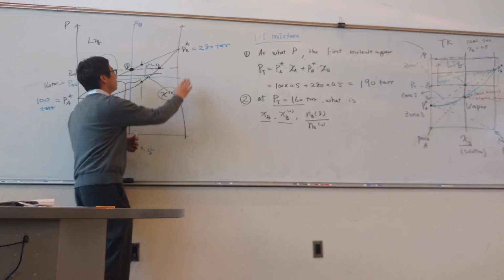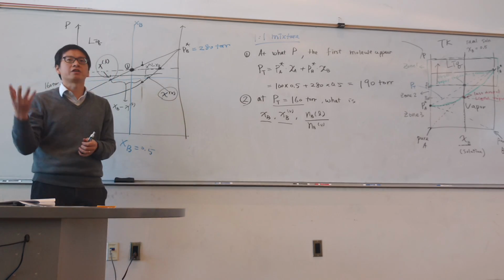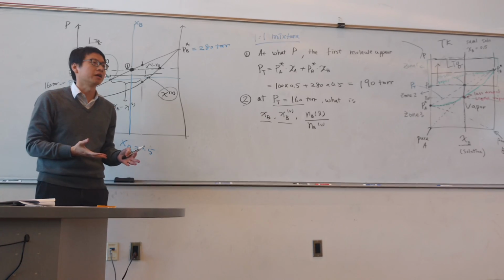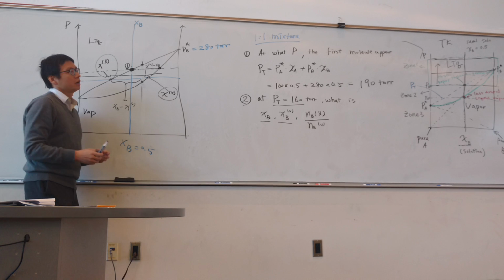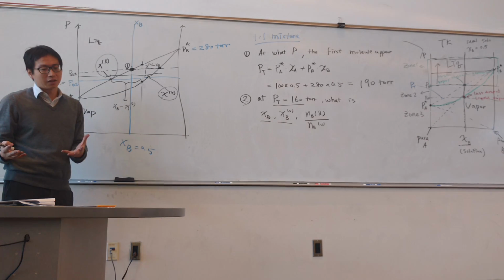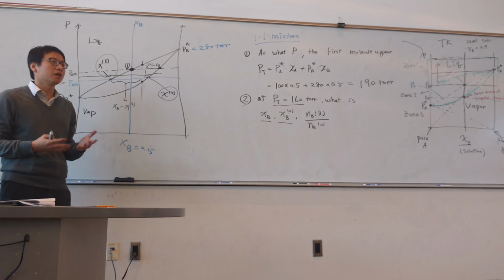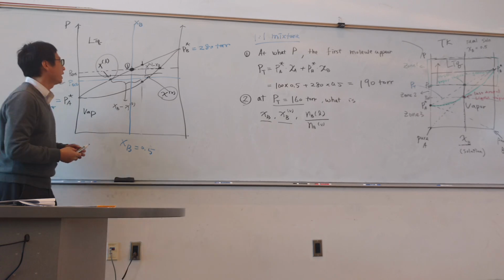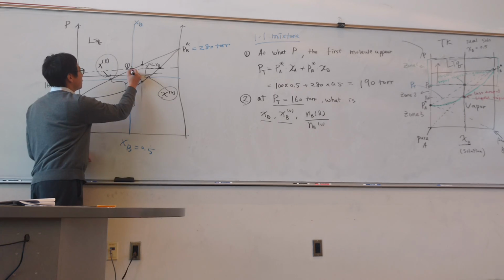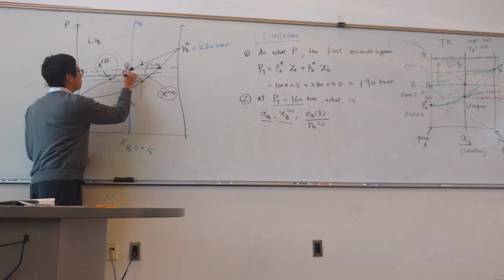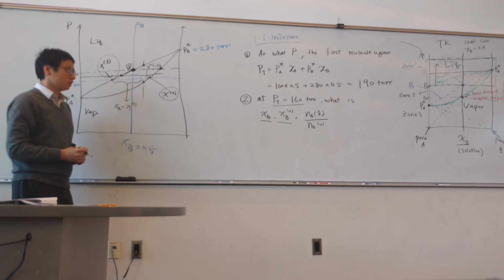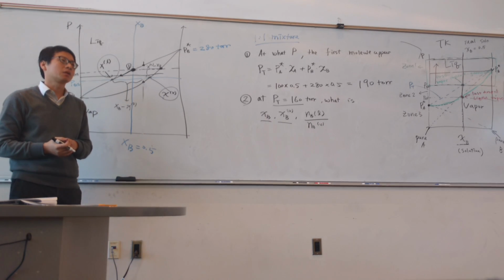And you also know your B is going to evaporate faster than your A because it's more volatile. Since more B is escaping from the solution, the composition of your B is going to decrease inside your solution, right? Therefore, your XB is going to decrease. Make sense?